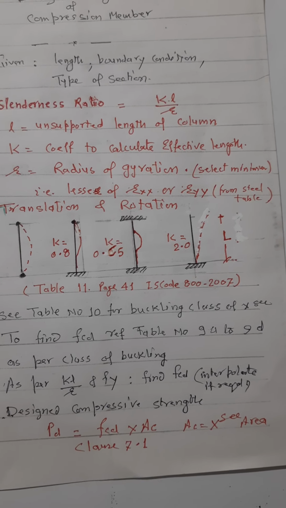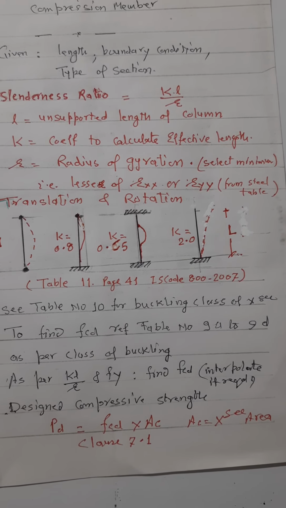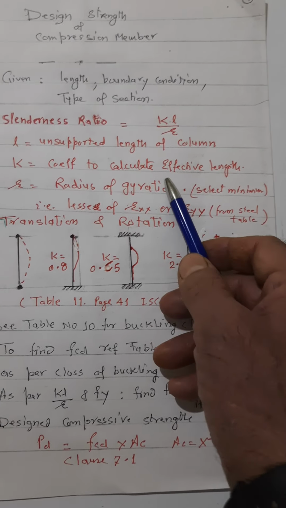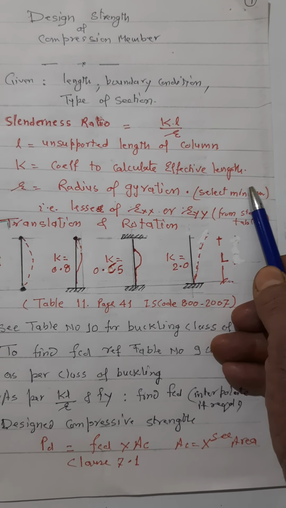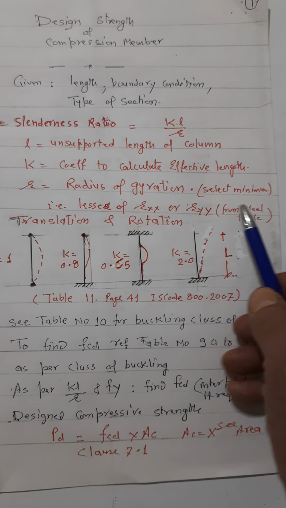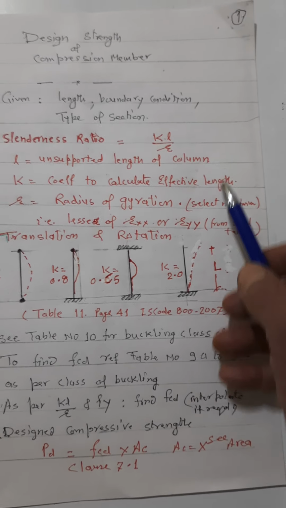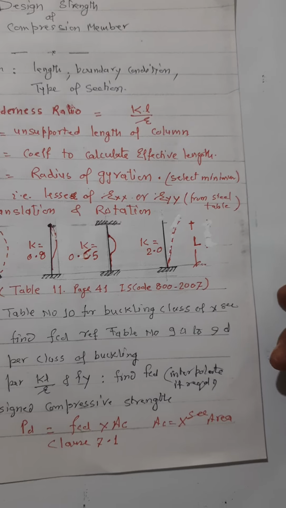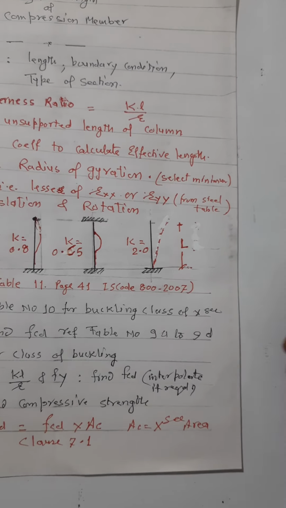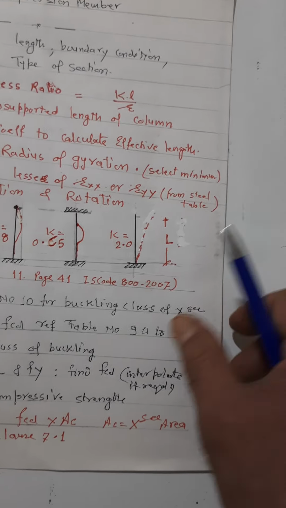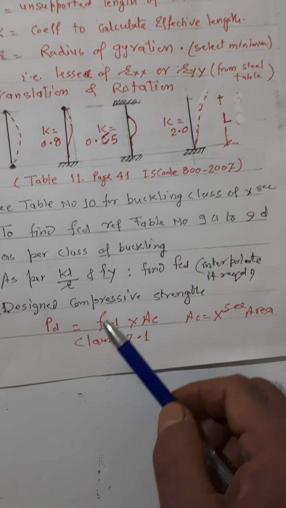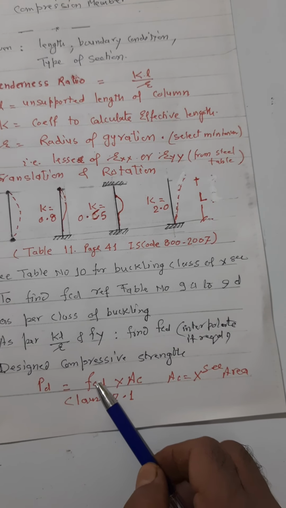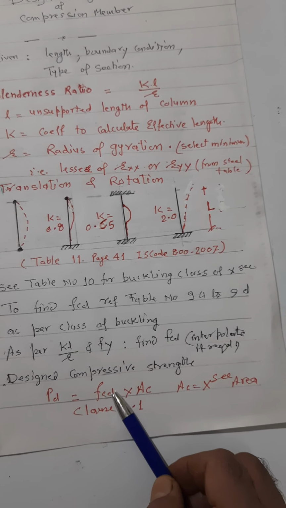You won't find 94 in the table. You will find 90 and you will find 100. So pick up the value for 90 for the given Fy, pick up the value for 100 for the same Fy, and interpolate. For 94, interpolate and pick up that stress, which is called FCD, which is already given in Newton per mm square.